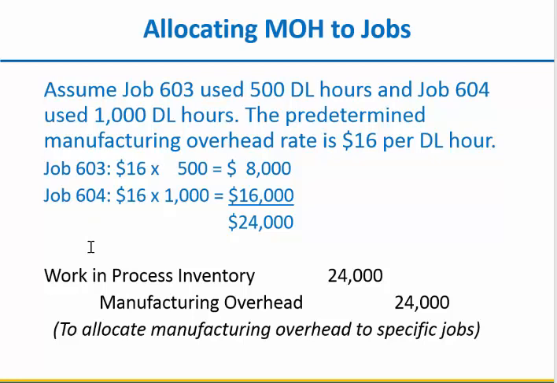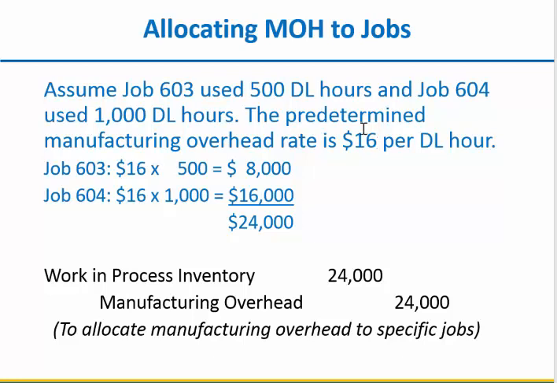Now let's take a look at the allocation part. So assume that there are 2 jobs, and they are using 5,000 direct labor hours and 1,000 direct labor hours respectively. And also, let's say that we're super lucky and we're given $16 per direct labor hour as the predetermined manufacturing overhead rate.